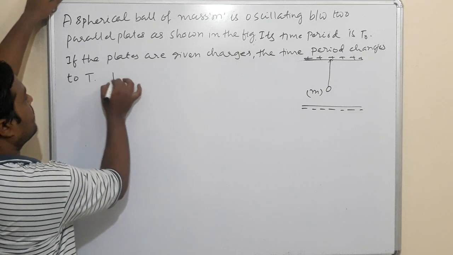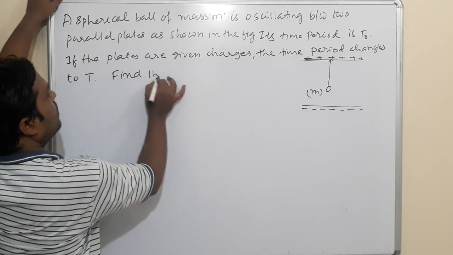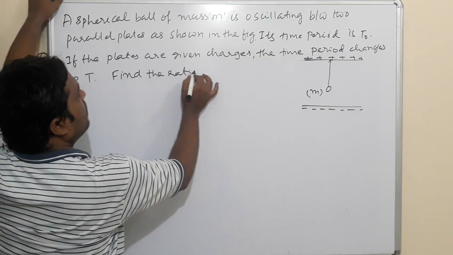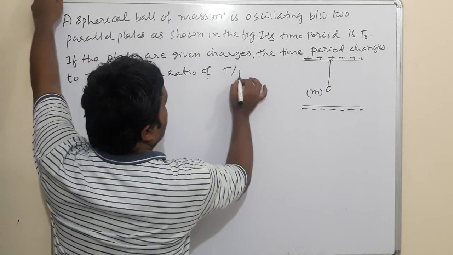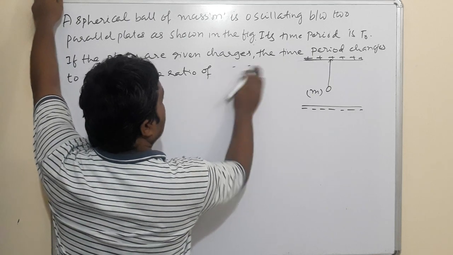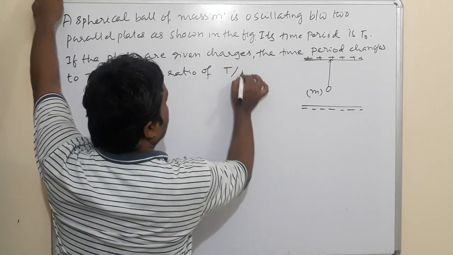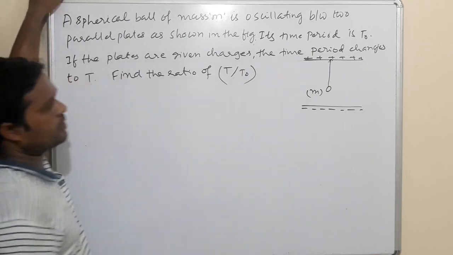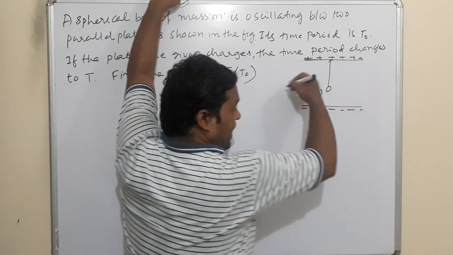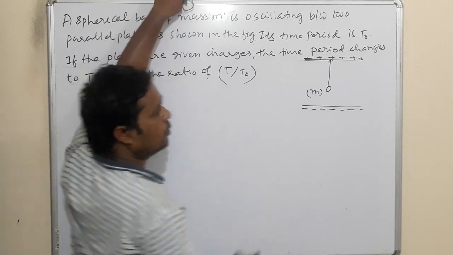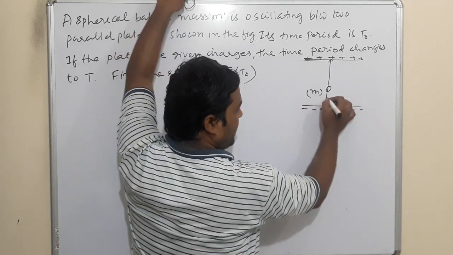Okay. Now find the ratio of t to t naught. Then it is oscillating in an electric field like this. We know how its time period gets affected.